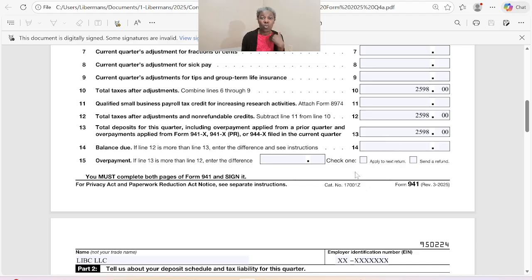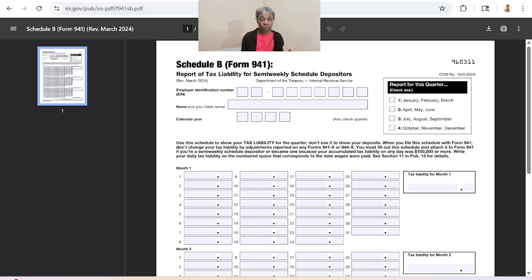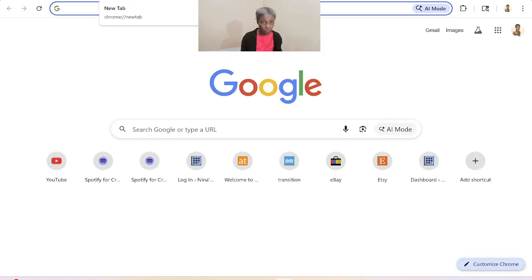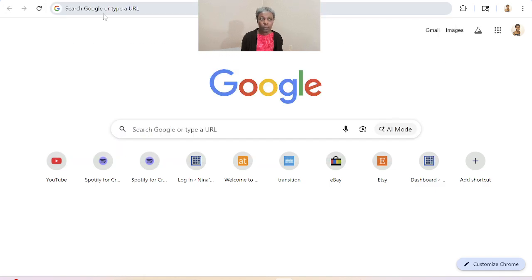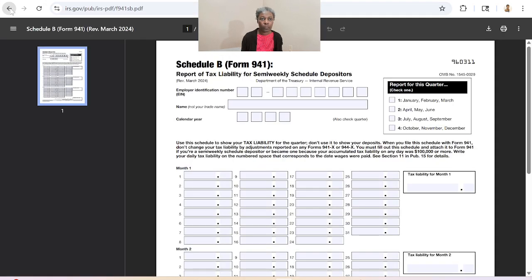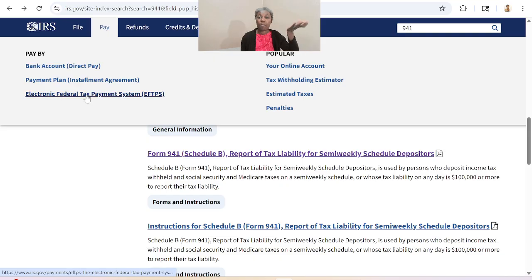It's just better you go to the IRS website, log into your account and make your deposit.